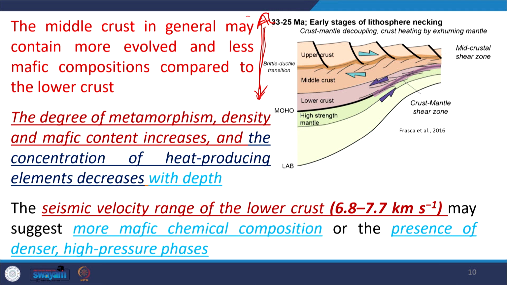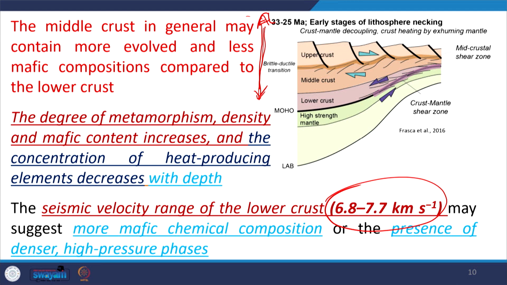So, this seismic velocity is representing a mixture, that means the incorporation of more mafic content in the lower continental crust, and that also increases the presence of dense, high pressure phases.